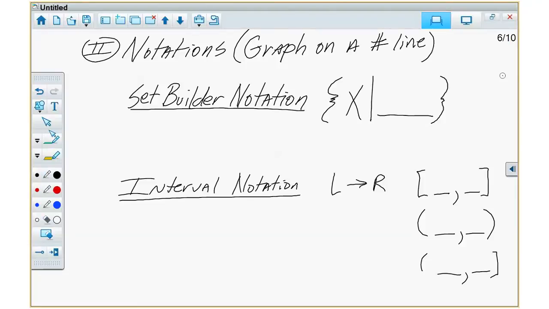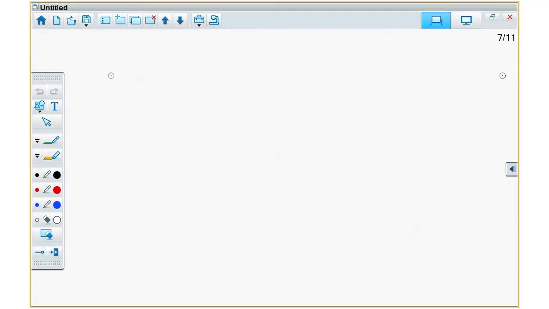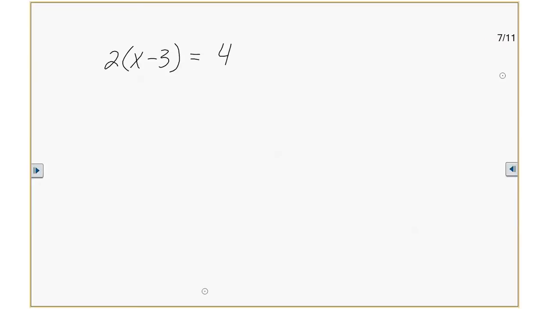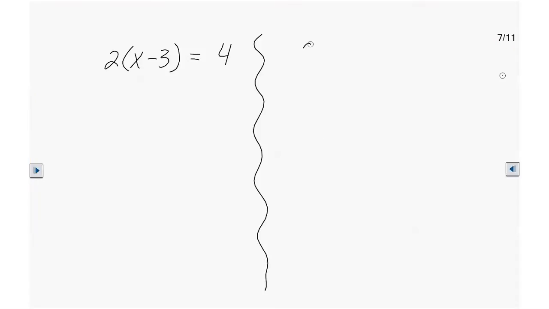So, in 6.2, you did this: 2 times x minus 3 is equal to 4. And you did that in 6.2 and everything was happy. Here, in 6.5, you're going to have 2 times x minus 3 less than or equal to 4.